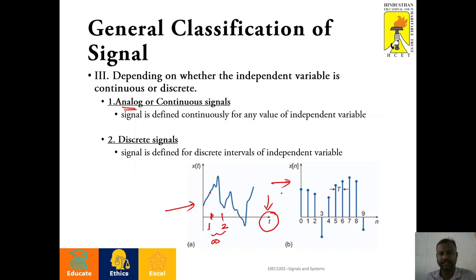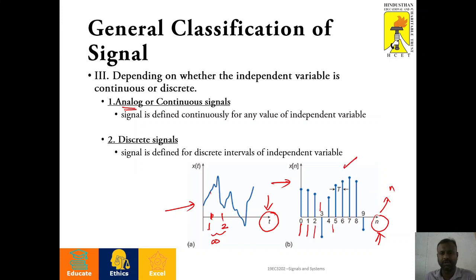If you look at this signal, only samples of the signal are taken here. So here the time instants are sampled. Hence this is the 0th time instant, this is the first time instant, this is the second, third, fourth, and so on. So here n represents time instants, samples, sample numbers.